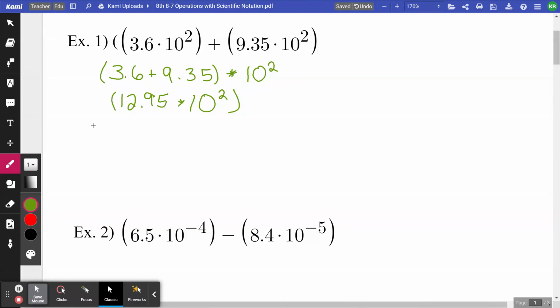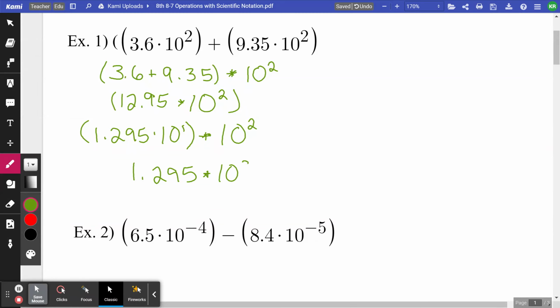So we're going to take 12 and 95/100 and change that to 1.295 times 10 to the first power times 10 to the second power. And now we can use our product of powers property: 1.295, and then 10 to the first power times 10 to the second power is 10 to the third power.